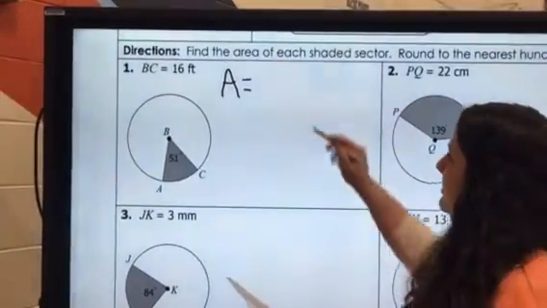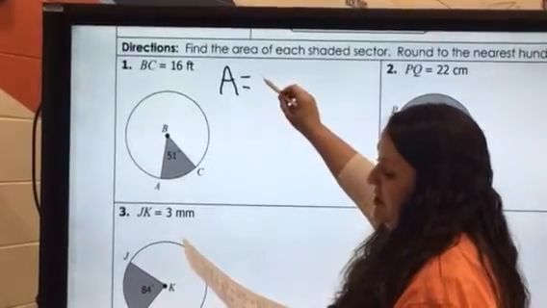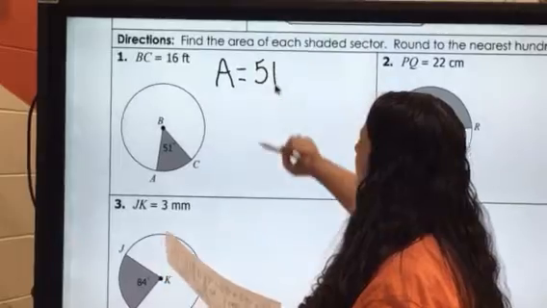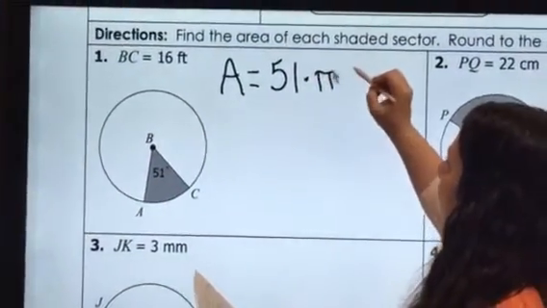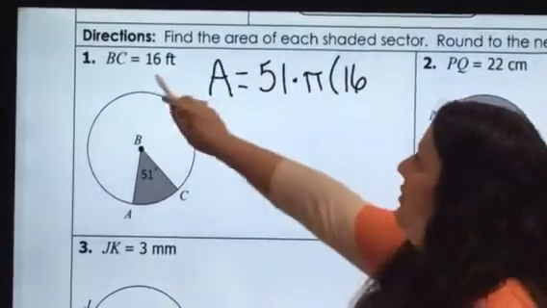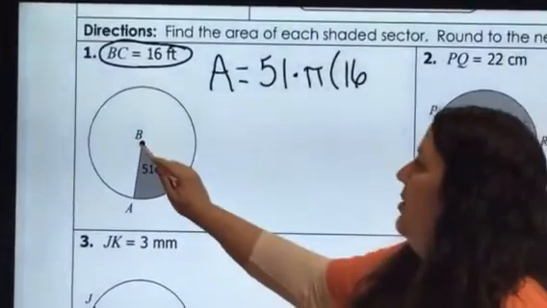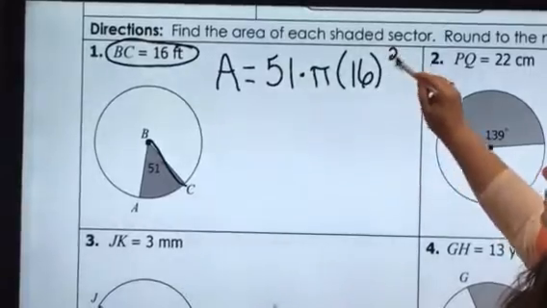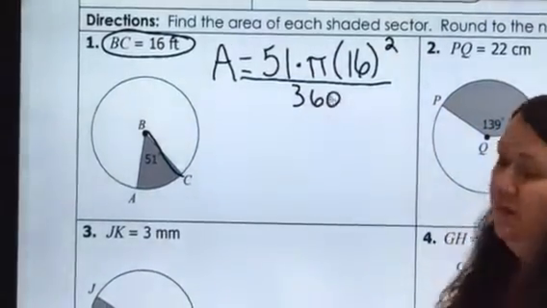So our degree here is 51 degrees. We're going to take that times pi times radius. They are giving us the radius right here. Radius is halfway across, so the radius from B to C is 16 squared, divided by 360.